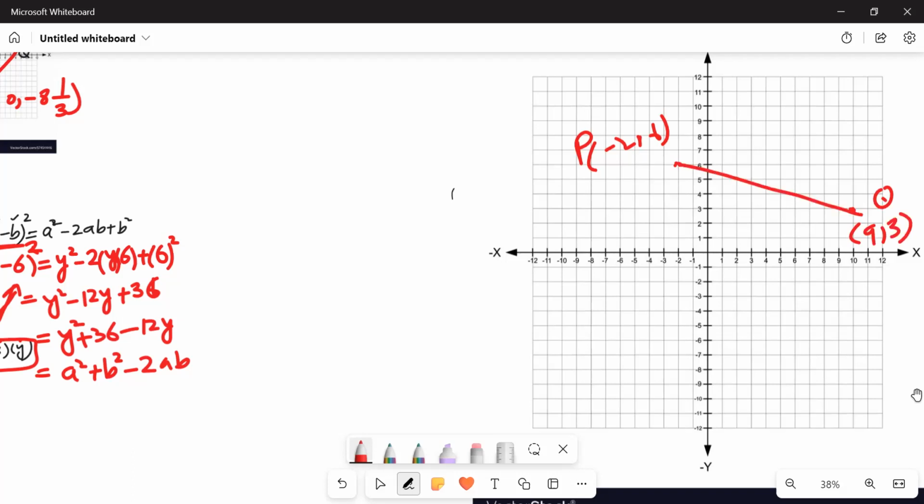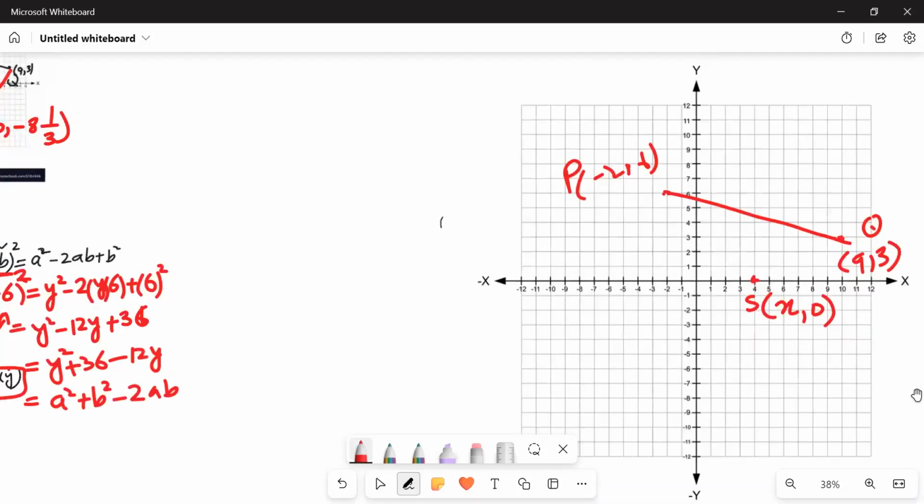Now the question is that there is another point S that lies on the x-axis. We don't know where the point is. Now I'm supposing that here is the S point. Since it is on the x-axis, its x coordinate exists, but the y coordinate is 0.